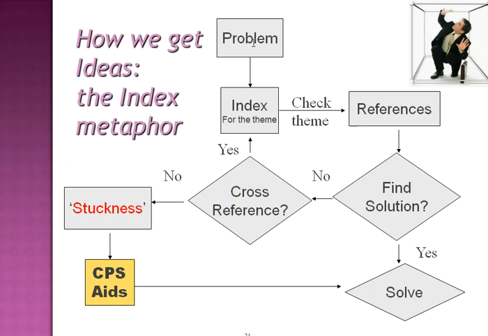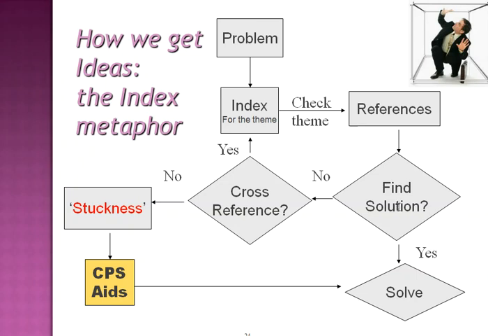You have a problem. Okay, you go to your mind, which has a big, huge index of pointers. This index finds a theme. A theme, we introduced it. It's a collection of goals and scripts and plans, right? And this leads you to references in your mental book, in your mind, to find a solution, right?